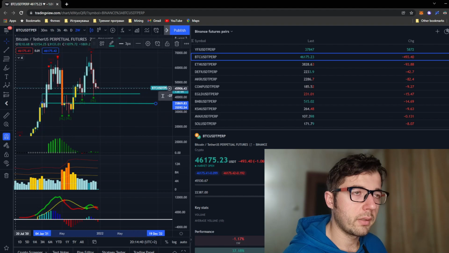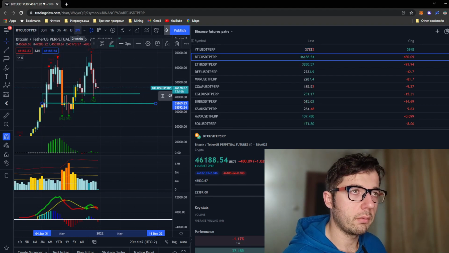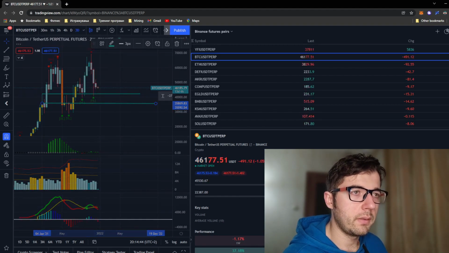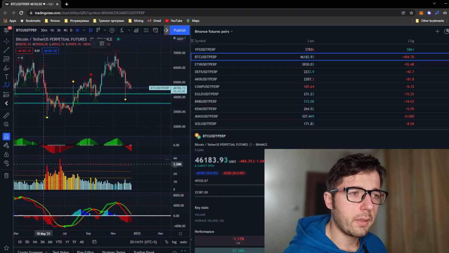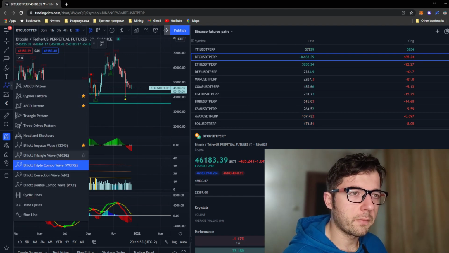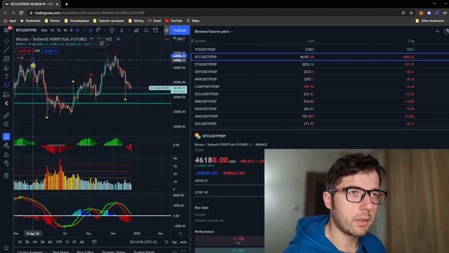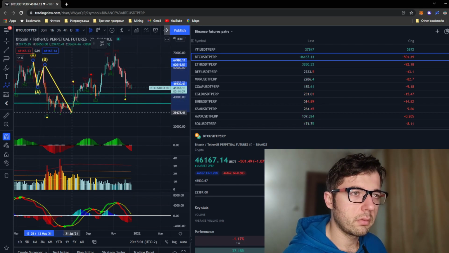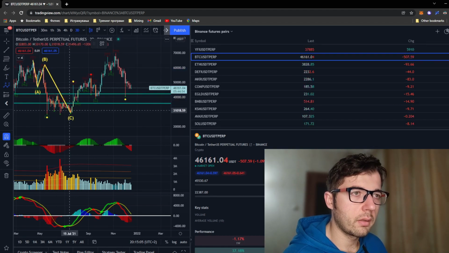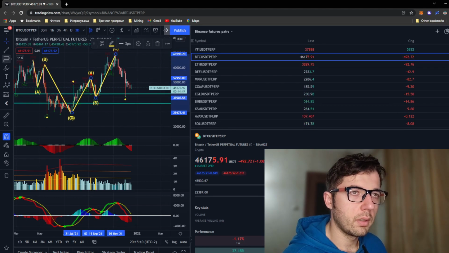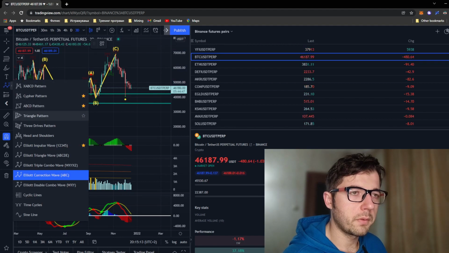Also on the 3-day, you can see what is called an Elliott wave running flat. A running flat, if you don't know, is an uptrend correction. So you have 3 corrections, this is an A, this is a B, and for the C wave we need 5 waves.